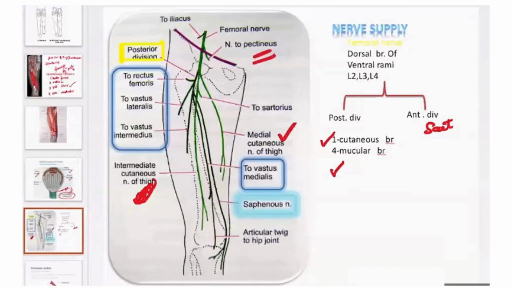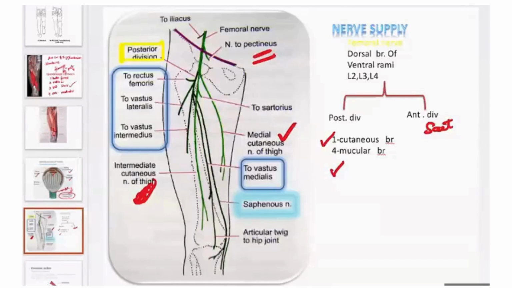What type of muscle is pectineus? Like brachialis. Brachialis is what type of muscle? Brachialis is a hybrid muscle, right? It has nerve supply from both the radial nerve and the musculocutaneous nerve. Likewise, pectineus is also a hybrid muscle. It forms the floor of the femoral triangle.